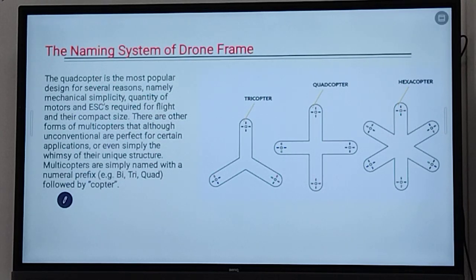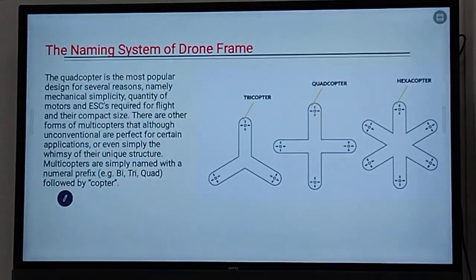See, there are different frames for tricopter, quadcopter, and hexacopter. Quadcopter is the most popular design for several reasons, namely mechanical simplicity, the quantity of motors and ESCs required for flight, and its compact size.